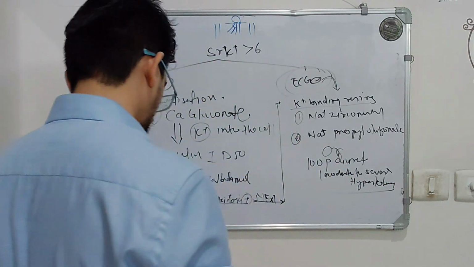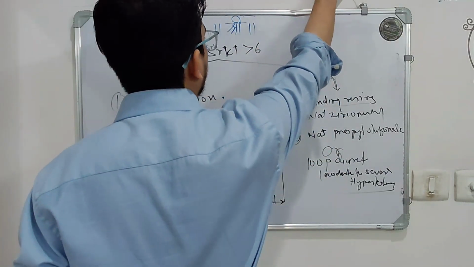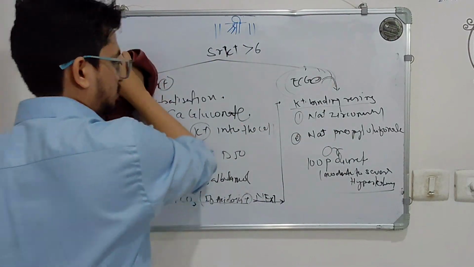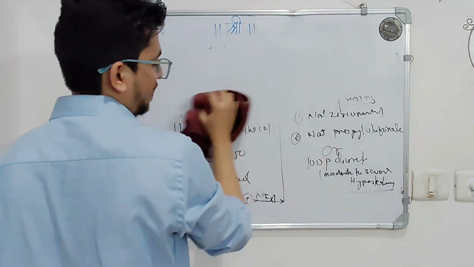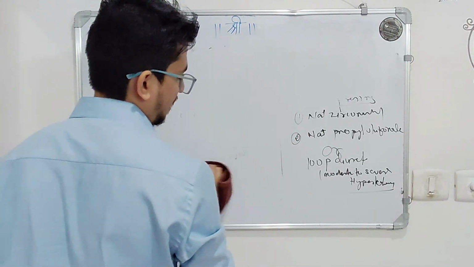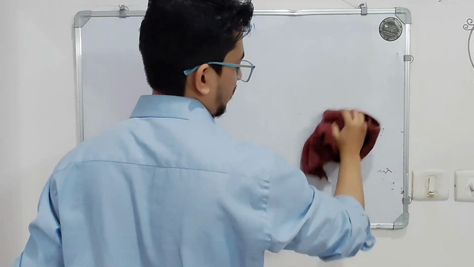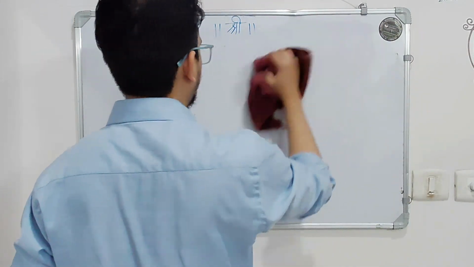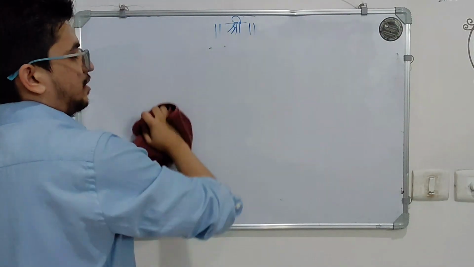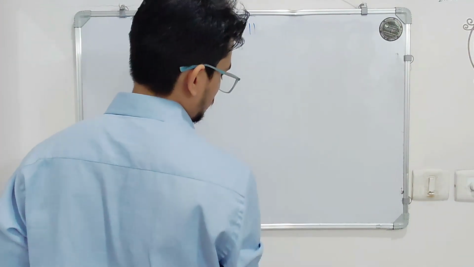Now, how will you manage refractory or recurrent hyperkalemia? For recurrent hyperkalemia, you treat the cause and stop the medication which causes hyperkalemia.